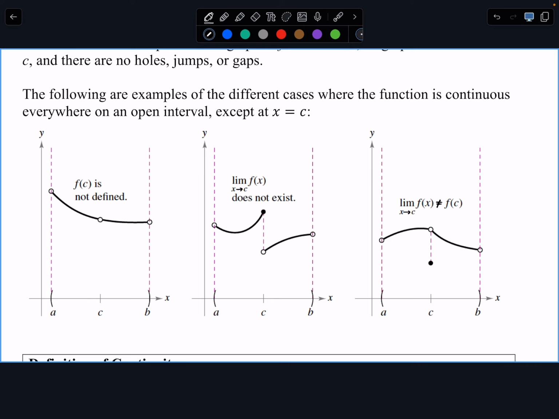Previously, in pre-calc, I explicitly told you to identify the open intervals where a function is continuous. But now that we've talked about limits and one-sided limits, we'll be able to think about what's happening at an endpoint. Is a function continuous at an endpoint of an interval? And then same thing for the last one: from a to c, open interval, and then c to b, the function is also continuous.